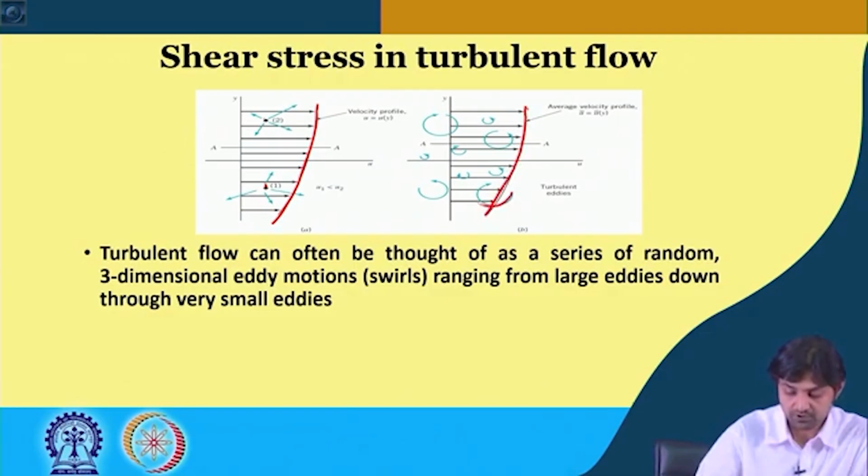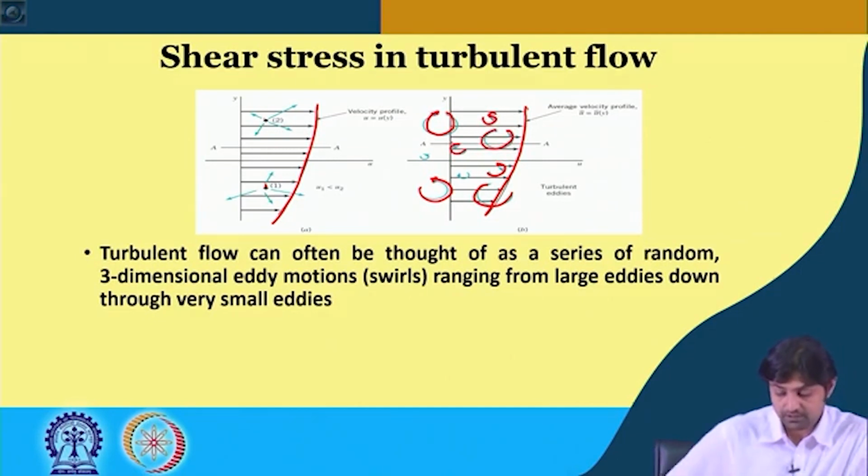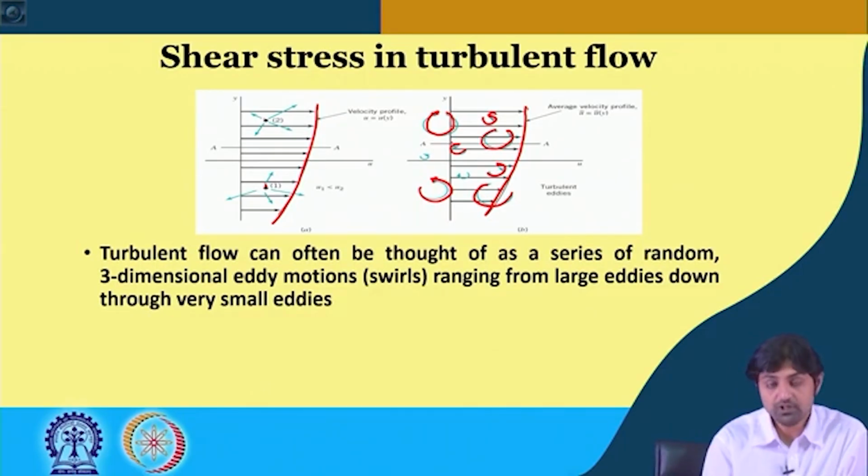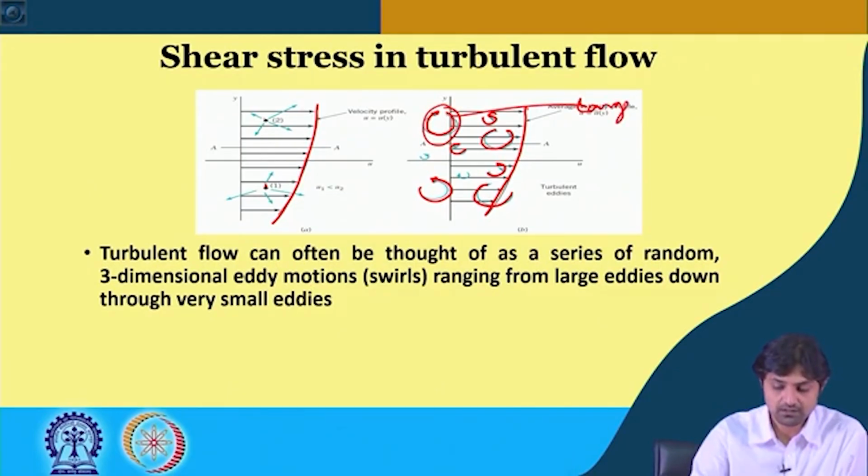You can see we have plotted the turbulent eddies here. Turbulent flow can often be thought of as a series of random three-dimensional eddy motions ranging from large eddies down to very small eddies. This is a large eddy, and these are small eddies.